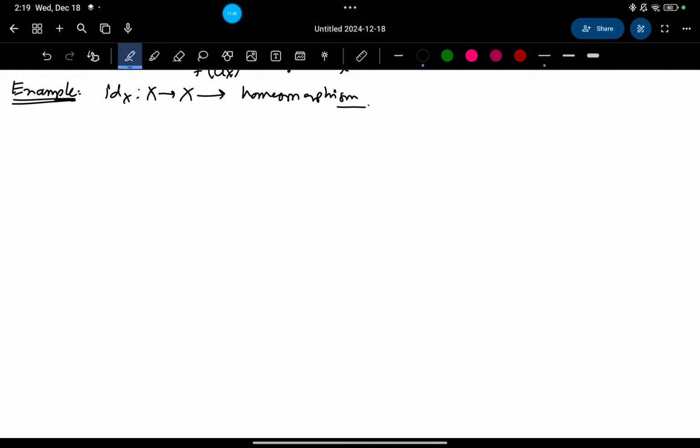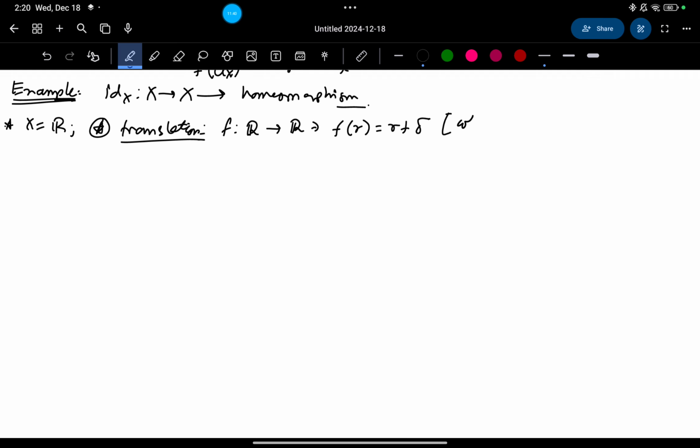Or if we have, let's say, x equal to R, then we can consider the translation. Suppose f is a mapping from R to R such that f of r equals r plus delta, where delta is fixed.